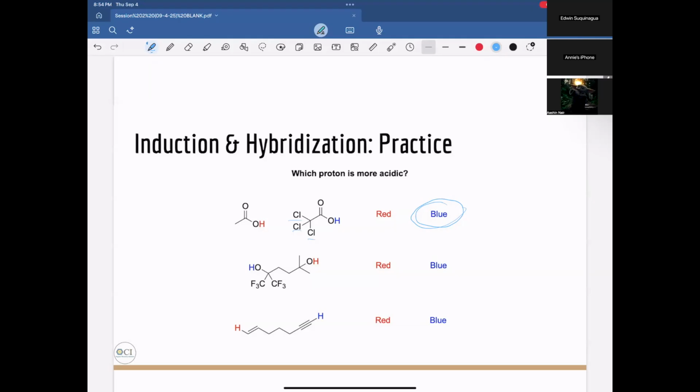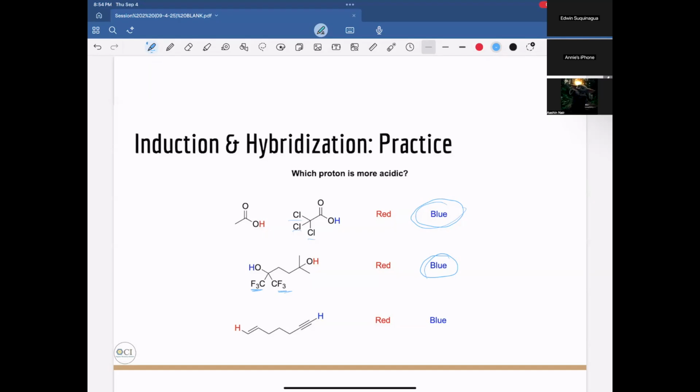What about the next one? Blue. Also blue. What's the reason on this one? Yep, we again have our electronegative atoms that are nearby. Inductive stabilization, more acidic. What about the final one?